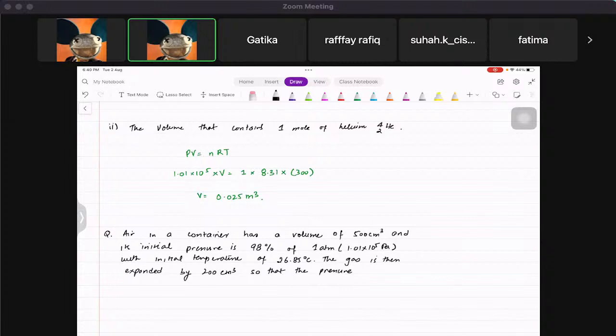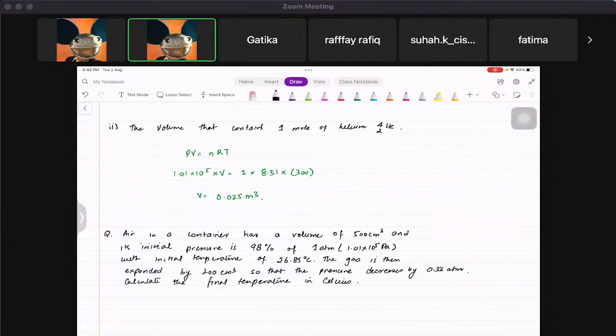Okay, so the pressure decreases by 0.33 atmospheres. Now it says calculate the final temperature in Celsius.